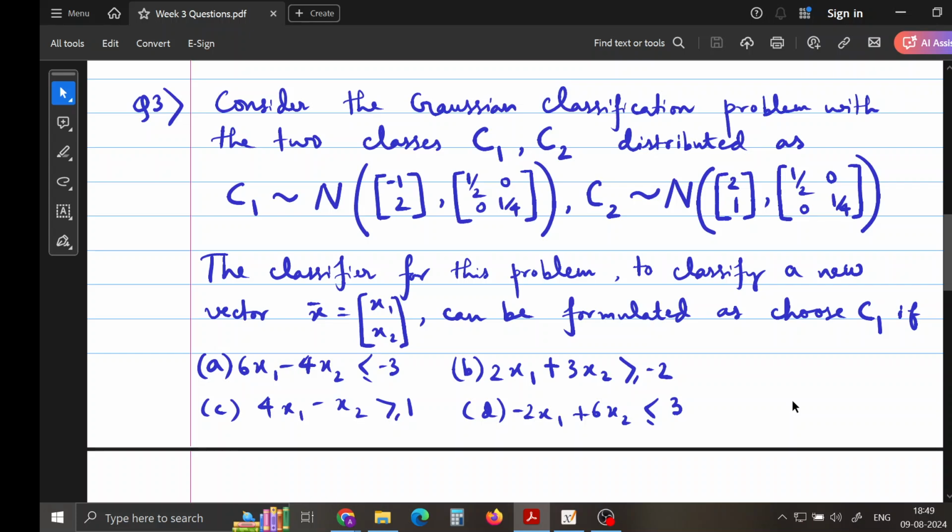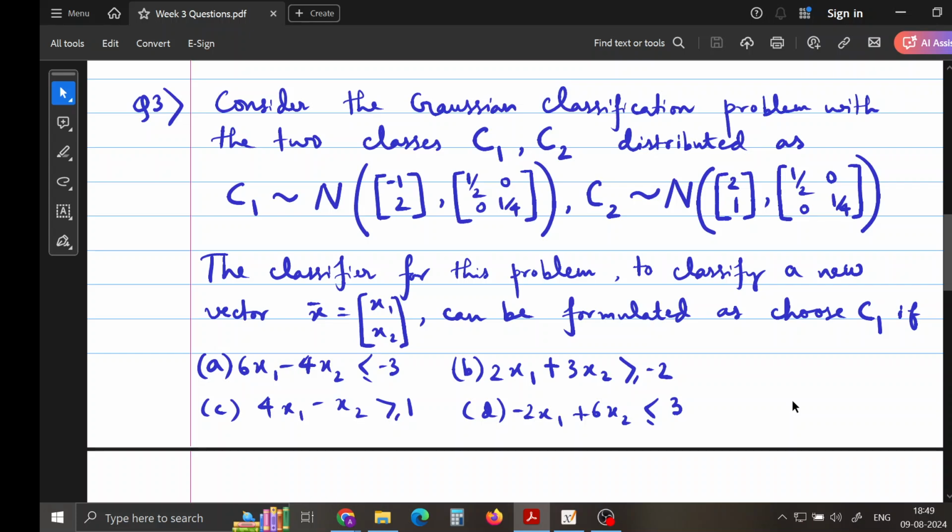So we want to classify, let's say, an image into two classes. In this problem, let's say I have two classes, C1 and C2, and these two classes are modeled as Gaussian random vectors. Okay, so Gaussian distribution arises in these kind of applications in classification problems.